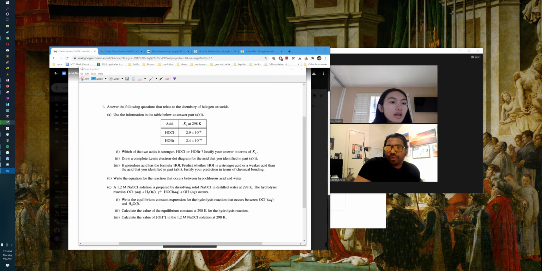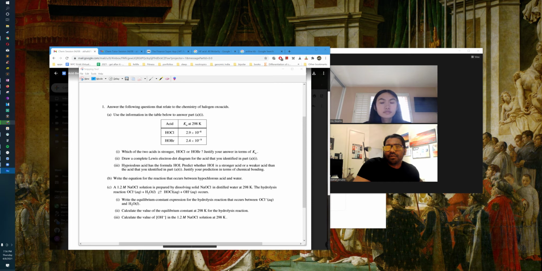All right, then C. 1.2 molar NaOCl solution. So that's just going to break up into Na plus and OCl minus. It is prepared by dissolving solid NaOCl in distilled water at 298 Kelvin. The hydrolysis reaction of the OCl minus plus the H2O produces hypochlorous acid, and it also produces OH minus.